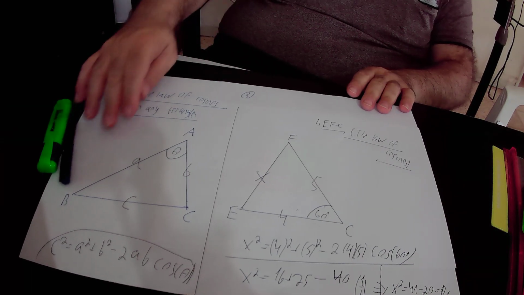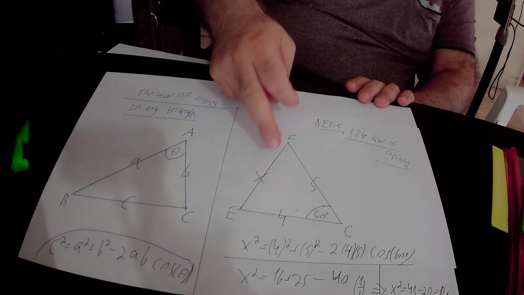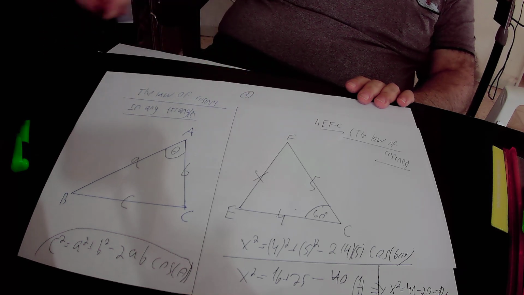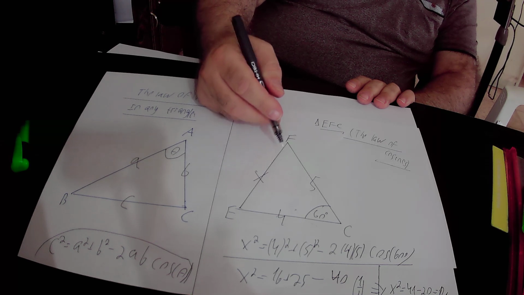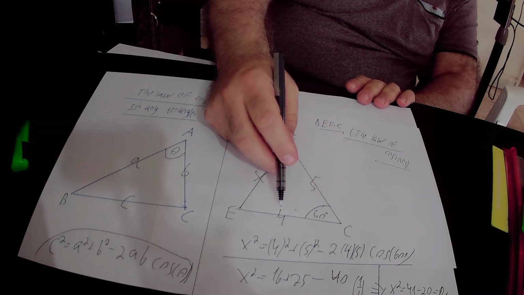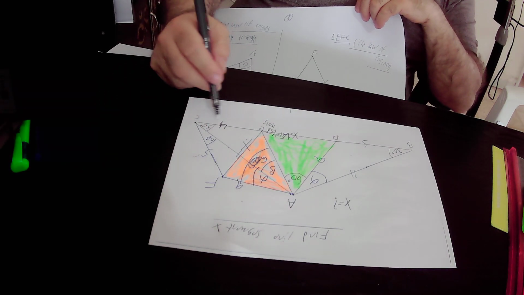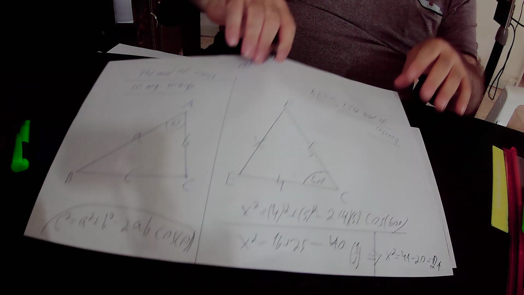So we implemented the law of cosines in triangle FEC. Here side EF equals x, side EC equals 5 units, side CF equals 4 units, and angle FCE equals 30 degrees plus 30 degrees, that is 60 degrees.